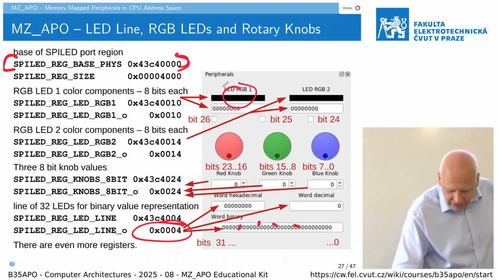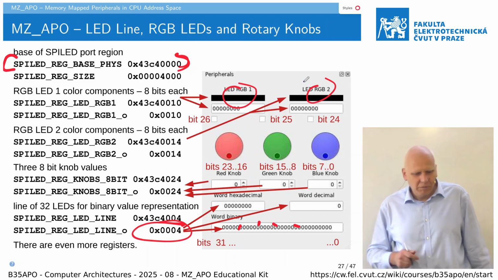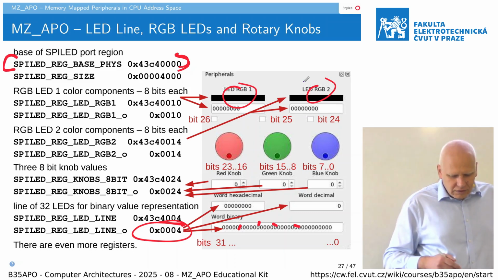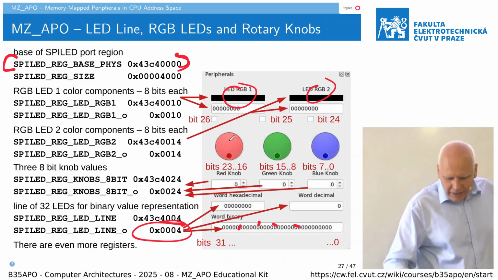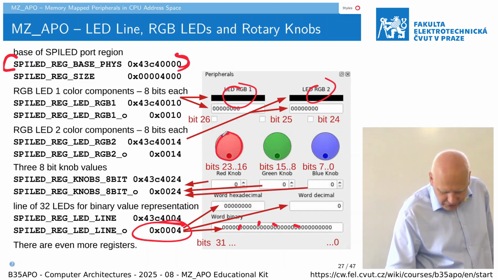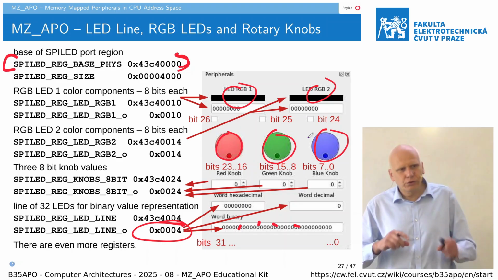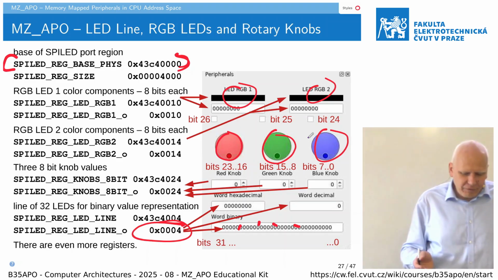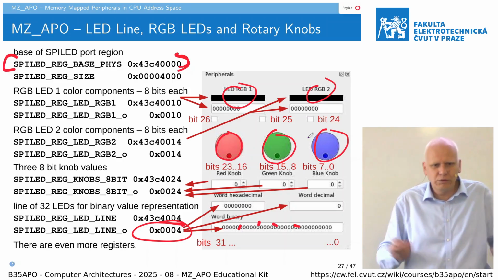Then you have there two RGB LEDs, which can change color by a 24-bit true color value. And then you have those rotary knobs, which allow you to tune again 24 bits, which can be a color, but a binary value can represent a position, whatever you want.